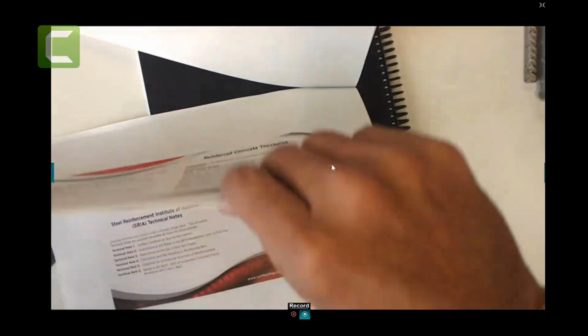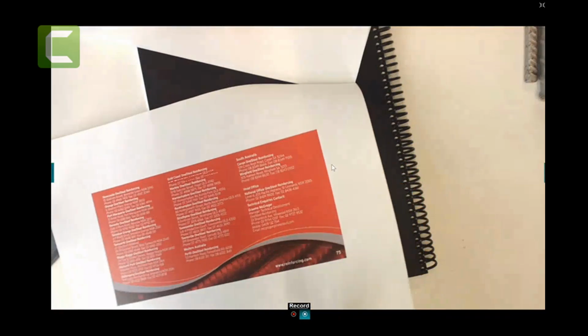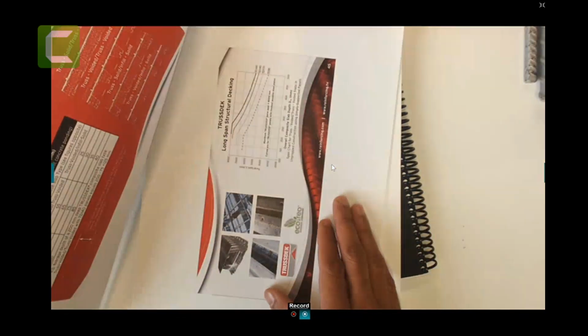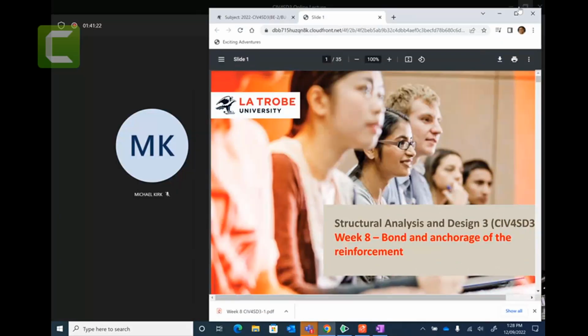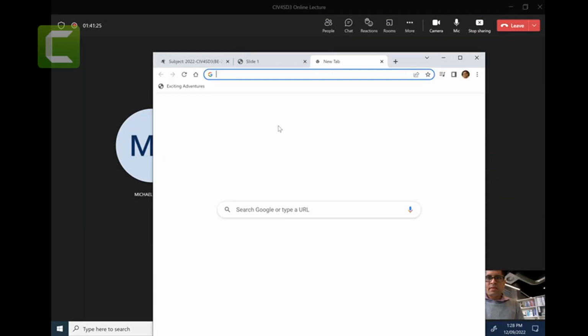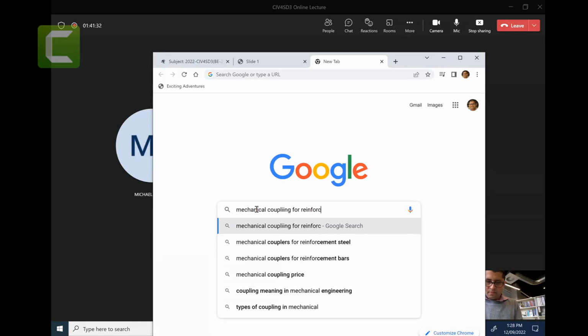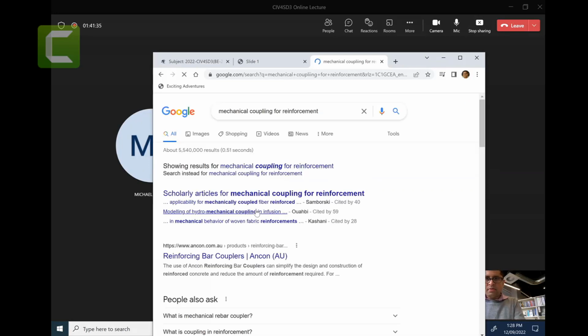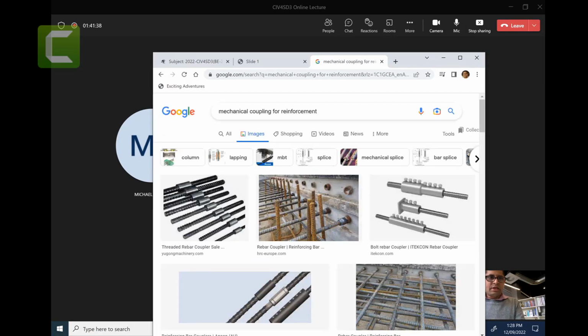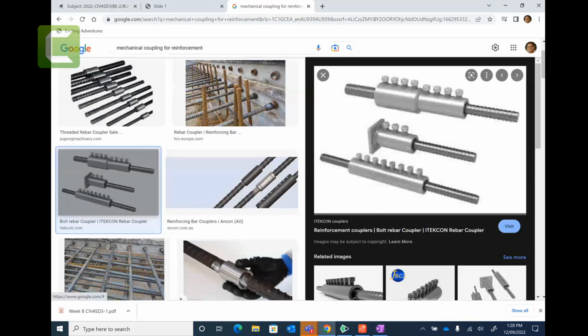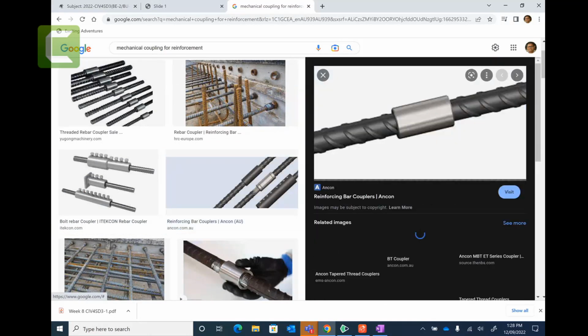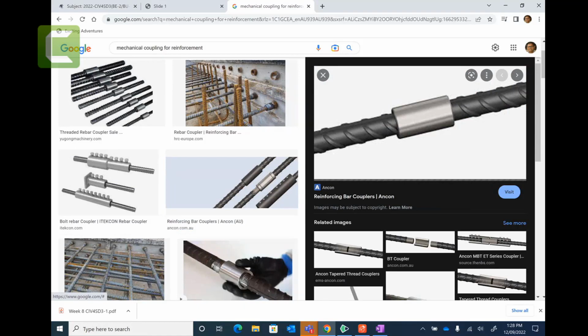No, they don't have. Yeah, something like this. Look at this. These guys here. You can connect rebar by using these couplings. You can see these couplings. I think in our guest lectures they covered.